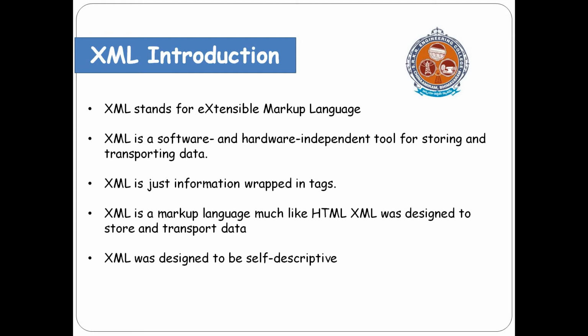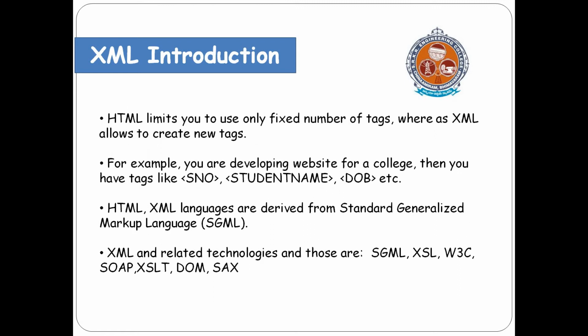So the main purpose of XML is to design self-describing data, and simply store and transport data. If we want to exchange data from client to server or server to client, we use XML.